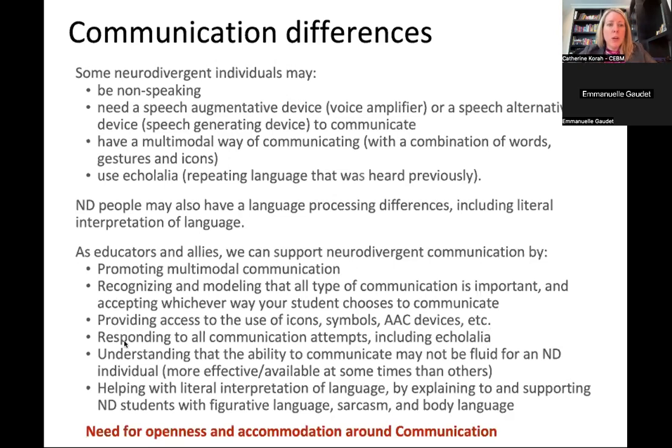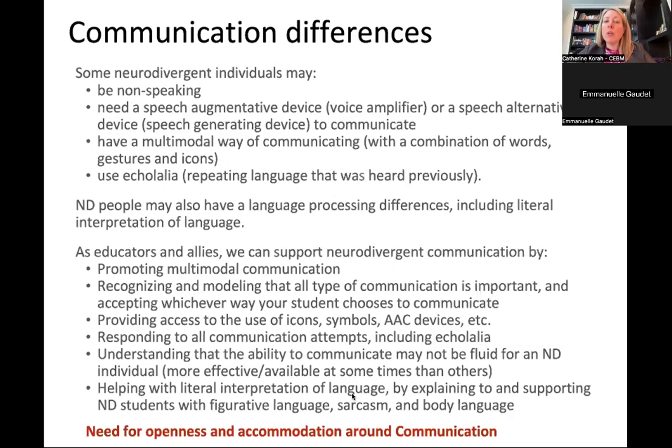We also need to respond to all communication attempts, including echolalia, understanding that the ability to communicate may not be fluid for a neurodiverse individual, and it may not be as effective or always available, but that's the way they're able to do it.